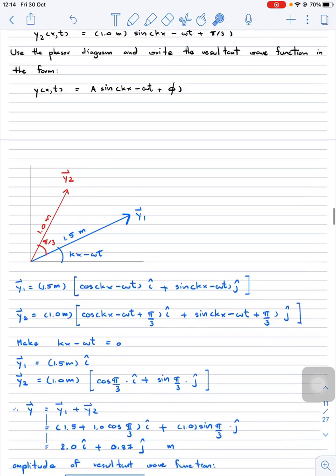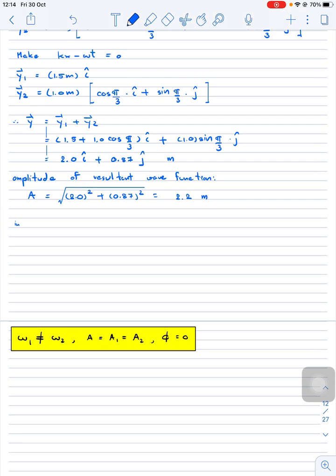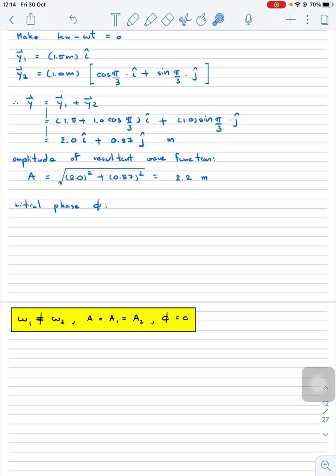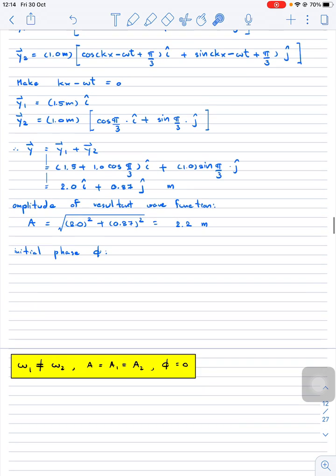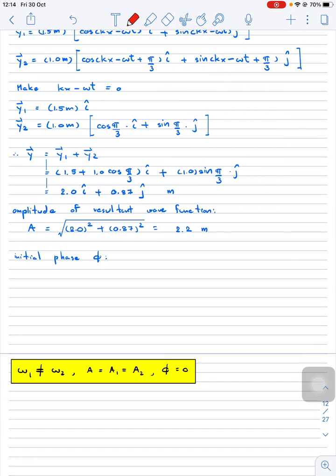Now we're going to find the initial phase phi. Let's look at y first. We have 2i and then 0.87j. If we draw the triangle, this one equals 2.0 times the unit vector i plus 0.87j.